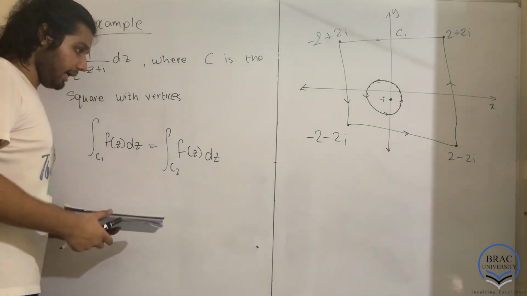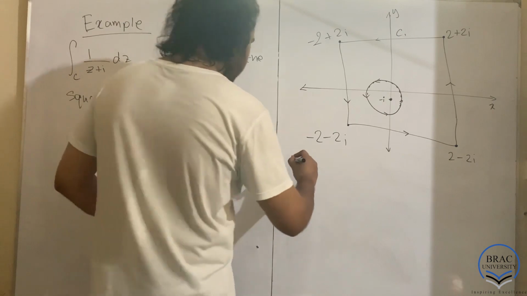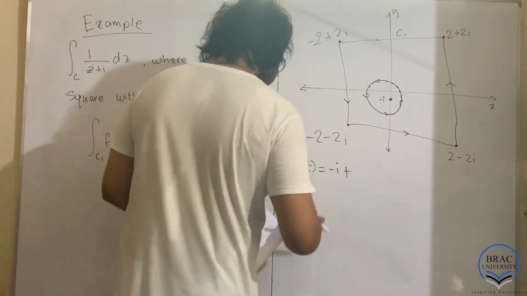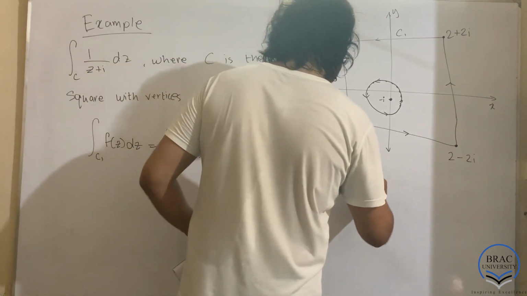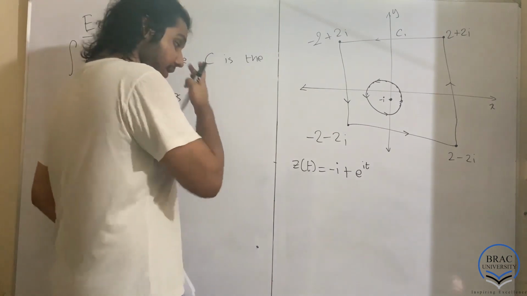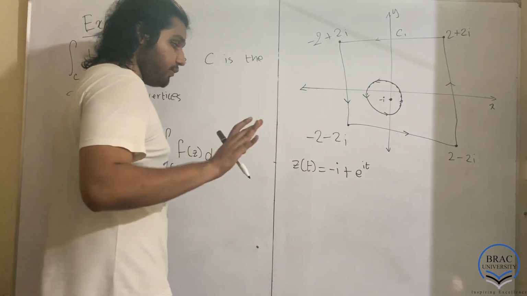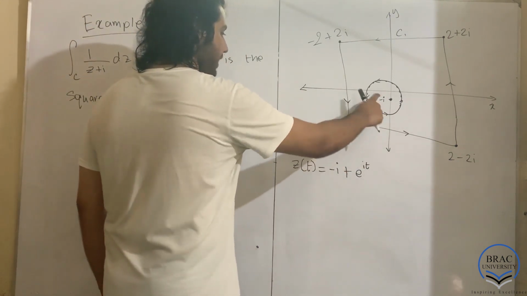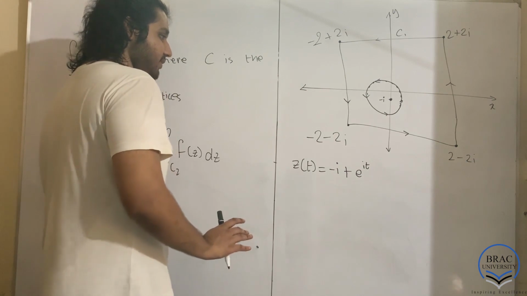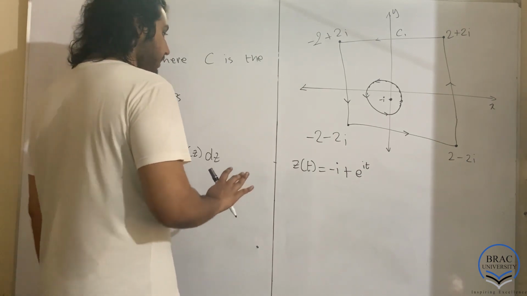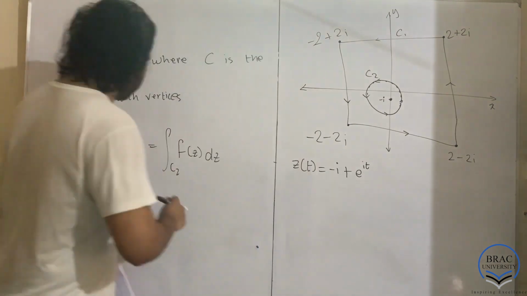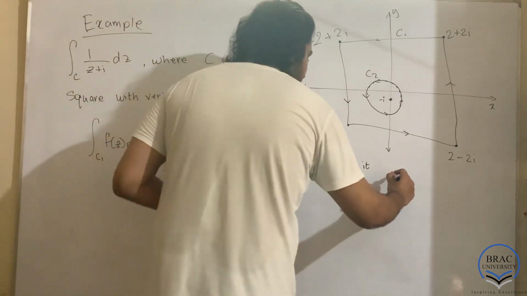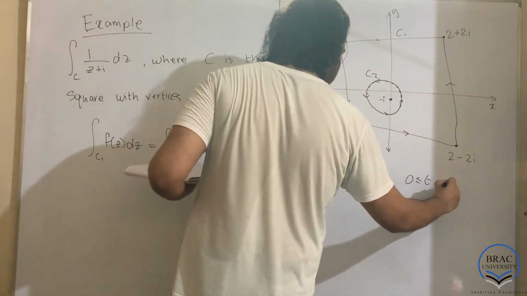Now our C2, I cleverly take to be z(t) equals minus i plus e to the power it. If you are unaware, this is the equation of a circle which has minus i as the center. I cleverly took this so that the integral is pretty easy, as you will see. And our t, of course, varies from 0 to 2 pi.